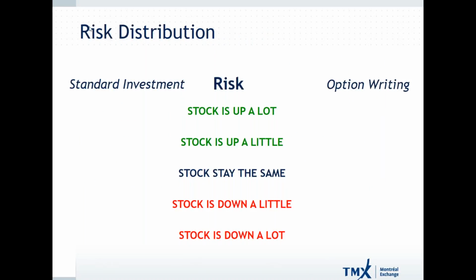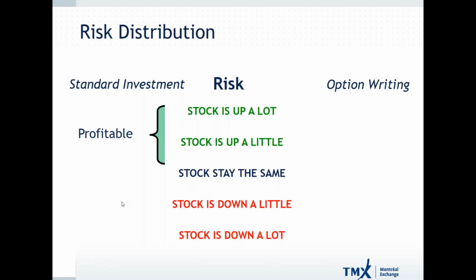So when we take a look at this slide here, it's essentially just a generic comparison of the risk associated with a standard investment versus the risk associated with option writing. If we look at it from the standard approach, we want to recognize that if the stock stays the same, goes up a little, or goes up a lot, we would consider ourselves a profitable investor.